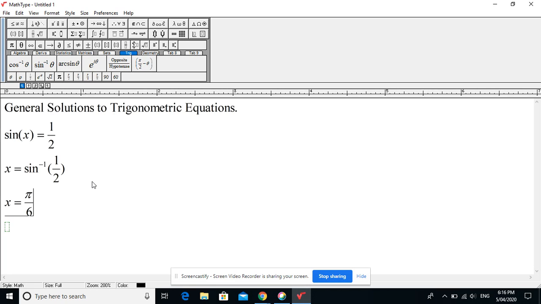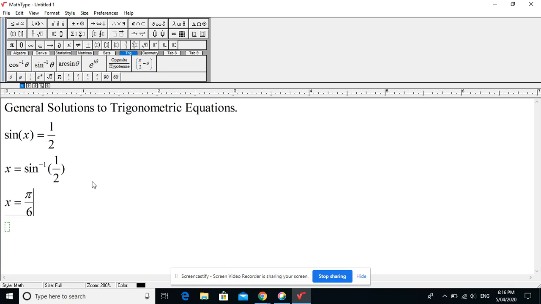It's pi minus pi on 6. Then our next solution is 2 pi plus pi on 6. Then 3 pi minus pi on 6. Do you see the pattern that's coming on here? For all even numbers of pi, we're adding pi on 6. For all odd numbers of pi, we're subtracting pi on 6.